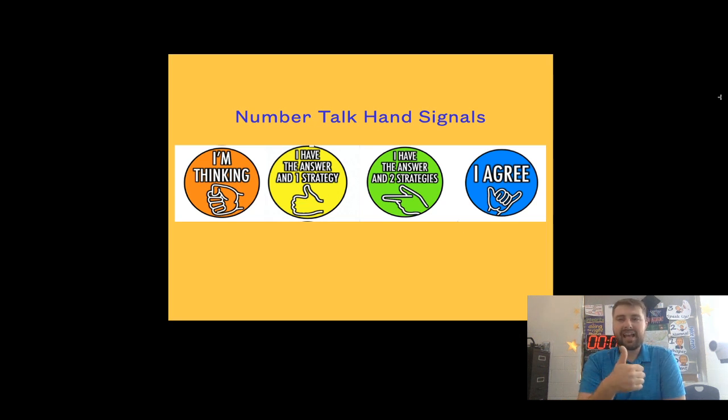That means I have the answer and I have one strategy of how I found the answer. I encourage you to keep working on more ideas, more strategies to find the answer as time permits. So if you come up with a second or third or fourth strategy, we're going to put out our pointer finger. That means I have the answer and I have two strategies of how I got the answer.